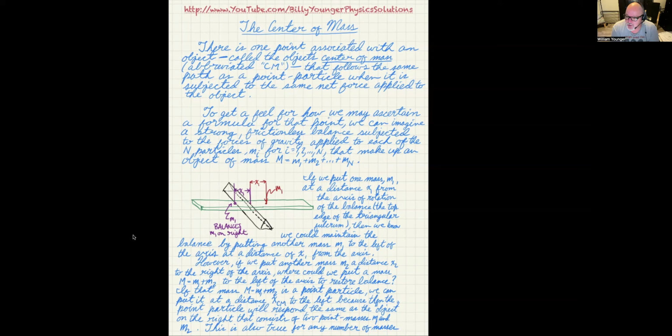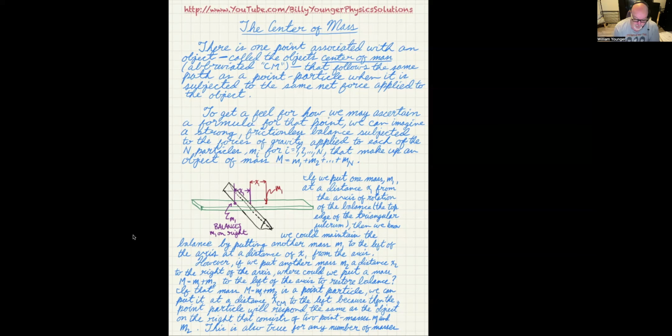In other words, if you watch how an object behaves when a certain set of forces causing a net force is acting on it, there's one point, possibly within the geometry of the body, but possibly outside of the physical body itself, that's called its center of mass. And that particular point is going to behave just like a point particle that had exactly the same forces acting on it. That point is called the center of mass.